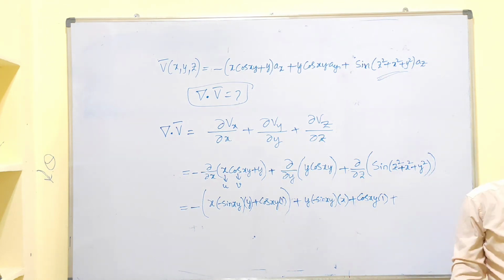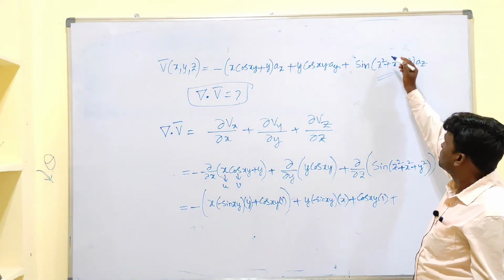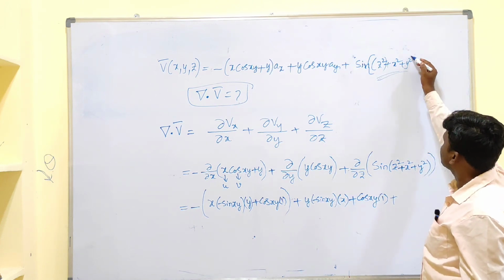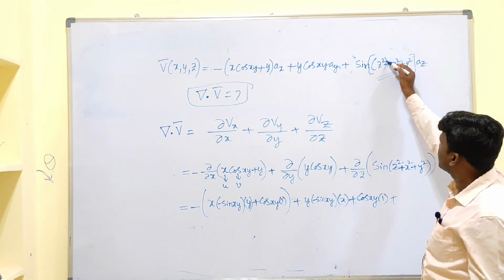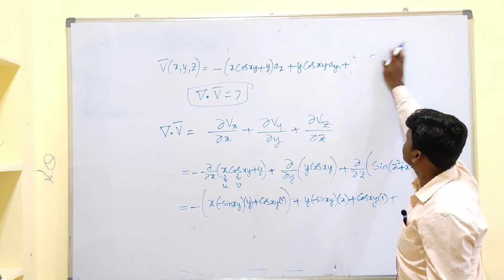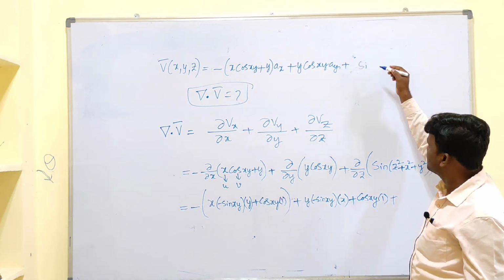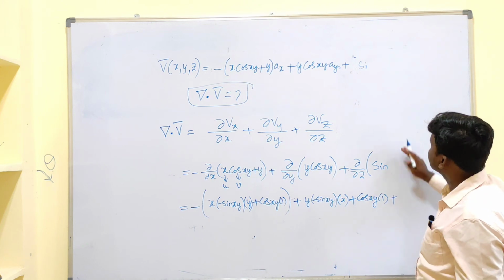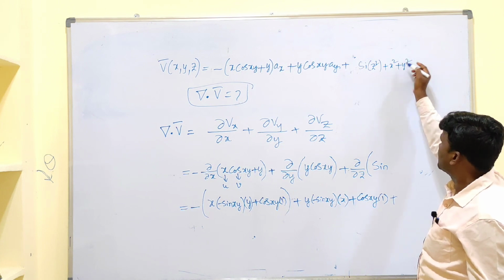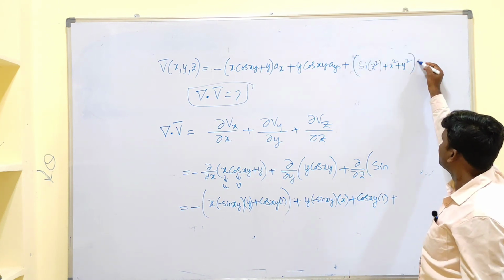Okay, I will see. That is sin of z square, sin of z square plus, okay, the term is given like this, sin of z square plus x square plus y square, into az, like this.